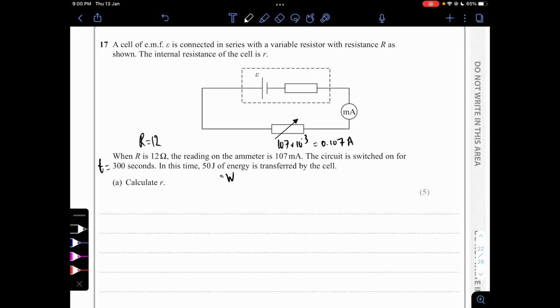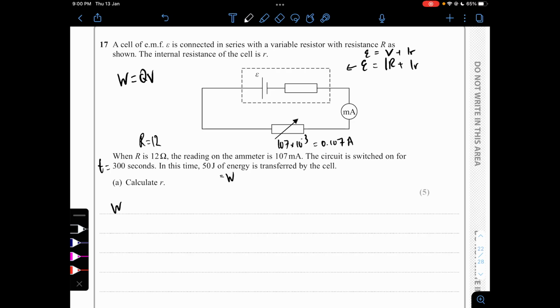Okay, so what do we need to work out? We need to work out what small r is. The EMF is IR plus Ir, which we get from V plus Ir. So how do you work out this internal PD? We can use the equation W equals QV.